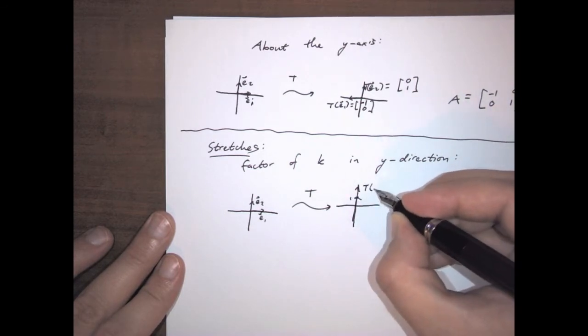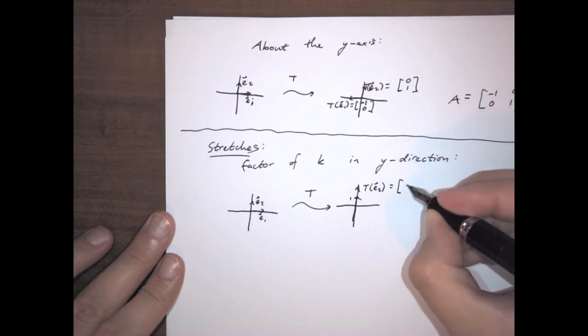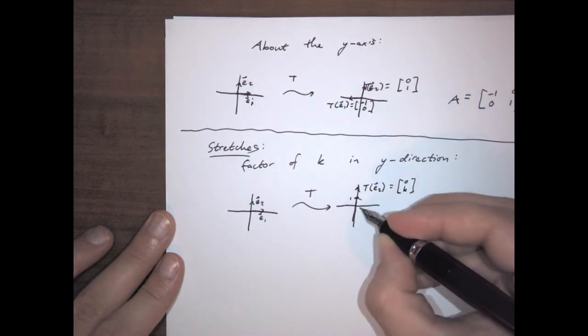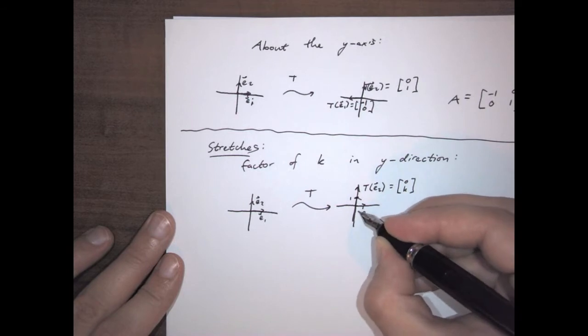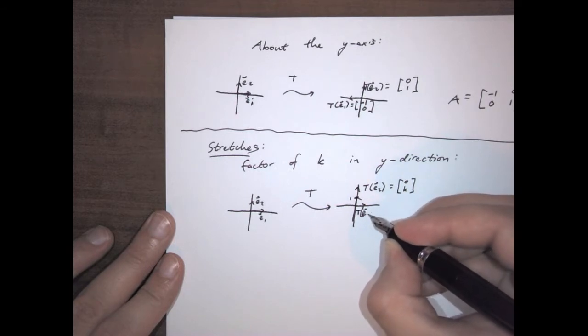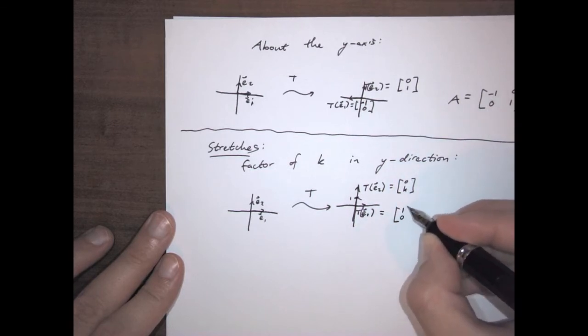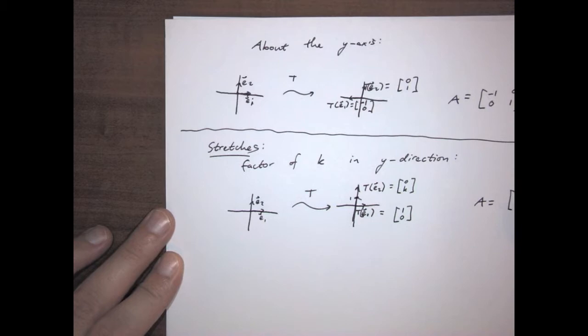So T of E2 would be stretched out by a factor of k only in the y direction. So what that means is the x direction will still be 0 and the y direction will be k, whereas the unit vector going in the x direction will be unchanged. So the matrix in question here is going to be 1, 0, 0, k.